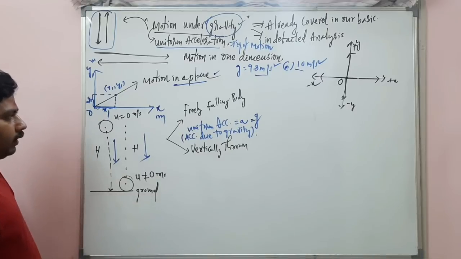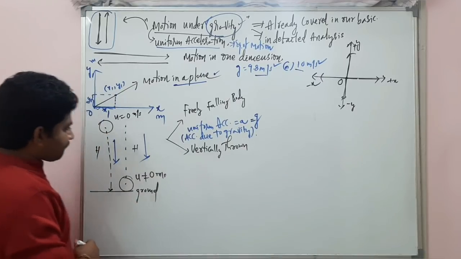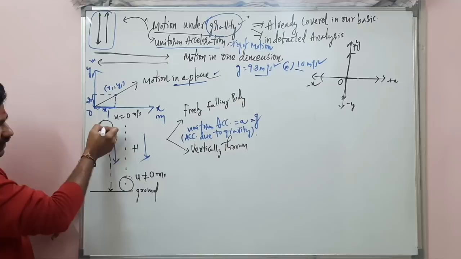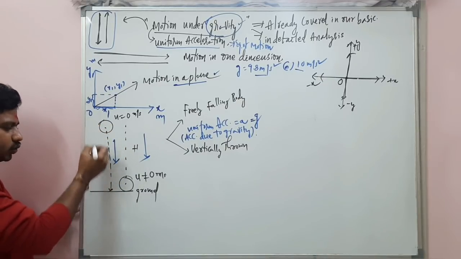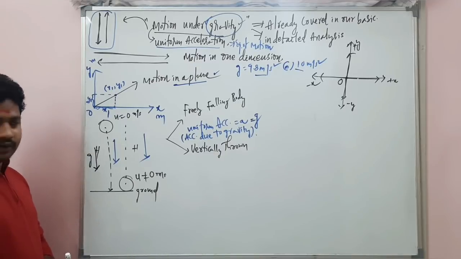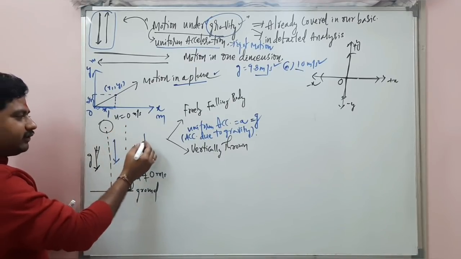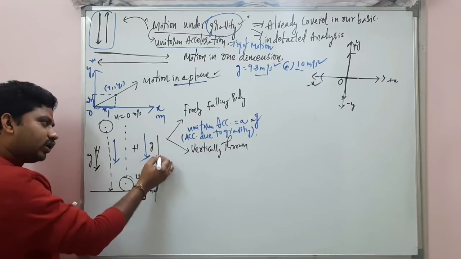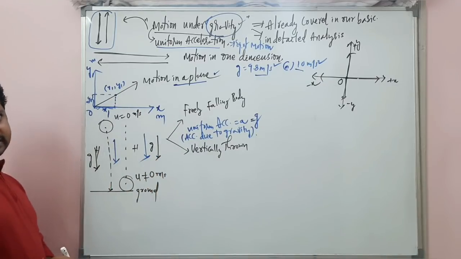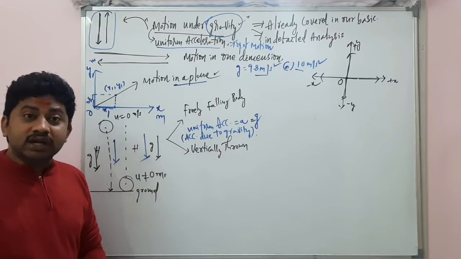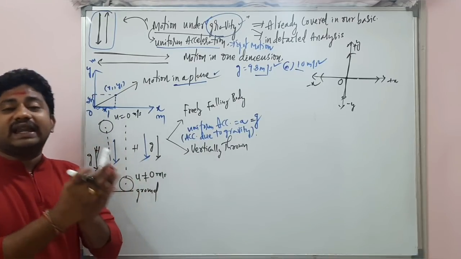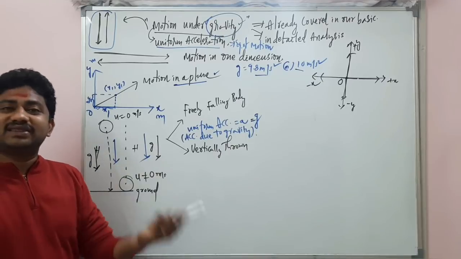Before that, listen. When the body is freely falling, the acceleration is always towards the center of the earth. When a body is thrown up even, the acceleration is always towards the center of the earth. Acceleration due to gravity always will be towards the center, because acceleration direction and the force direction will be the same, right?